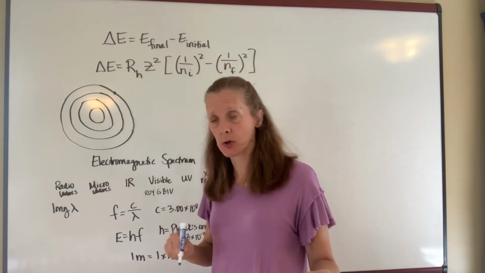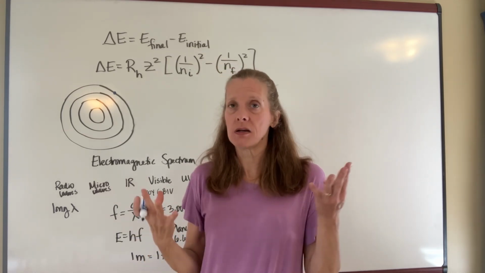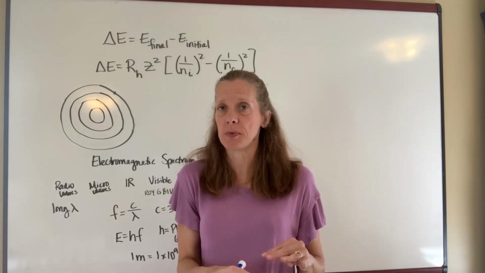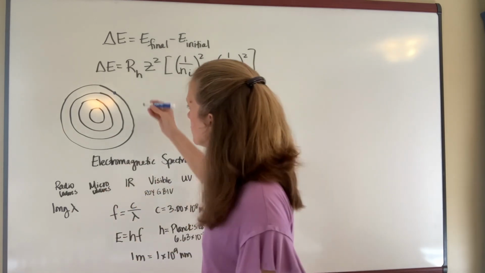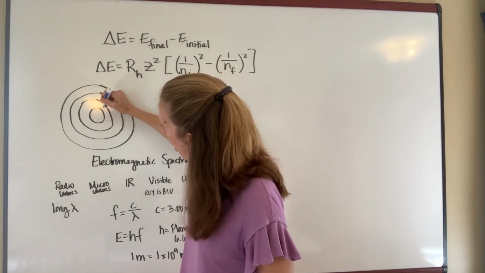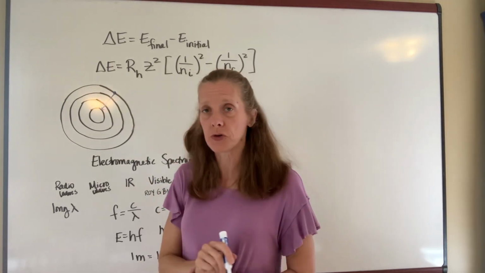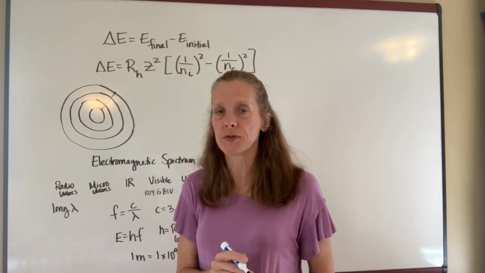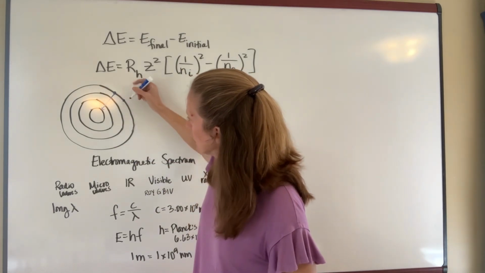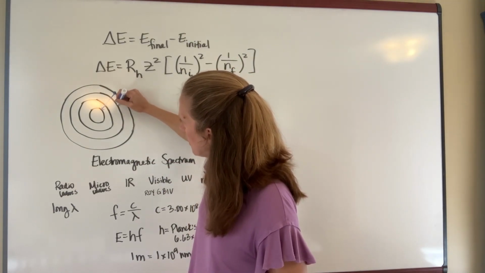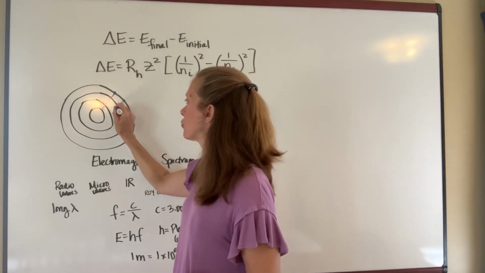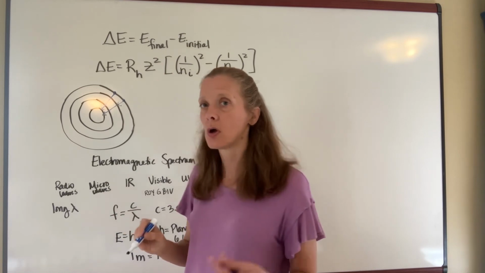It is possible, because everything in nature seeks to be at the lowest energy level, in its ground state, that this electron will drop from the 4th all the way directly down to the 1st energy level. That could certainly happen that way. However, it is also possible that this electron could drop from the 4th to the 3rd, and then once it's in the 3rd, it could drop all the way down to the 1st.